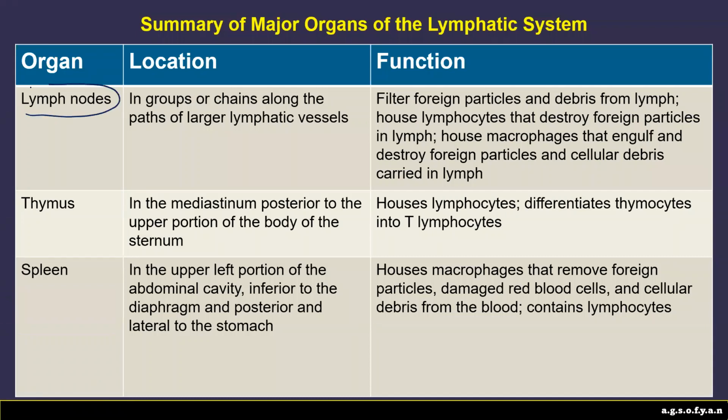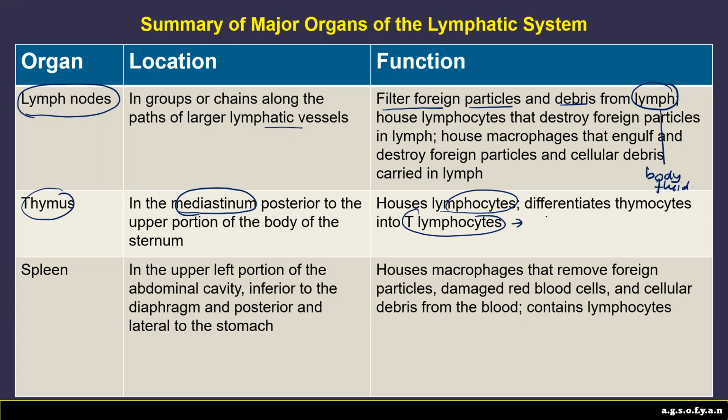Now we're going to summarize these major organs of the lymphatic system. First one is lymph nodes. It is a group of chains along the path of larger lymphatic vessels. The function is to filter foreign particles and debris from the lymph. And remember again, lymph is coming from our body fluid, interstitial fluid. Thymus is located in the mediastinum, and houses the lymphocytes, different types of T lymphocytes.